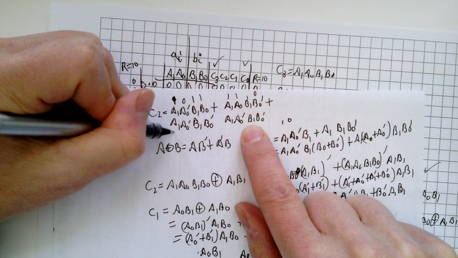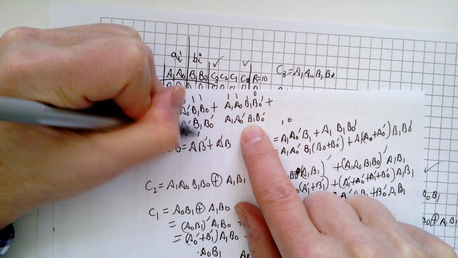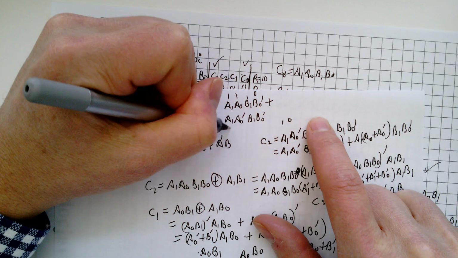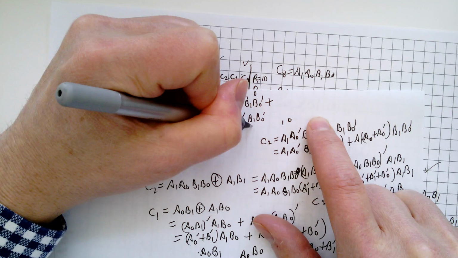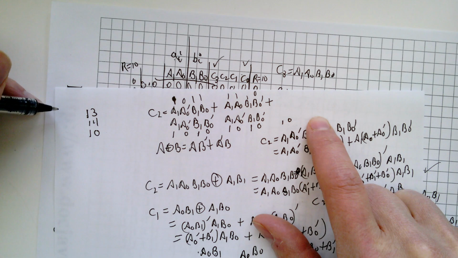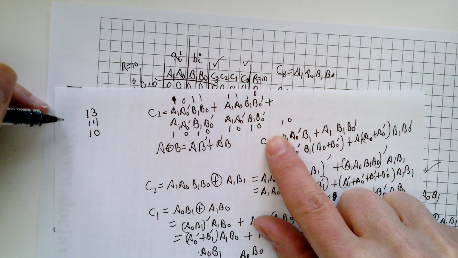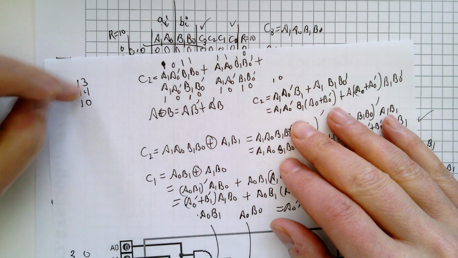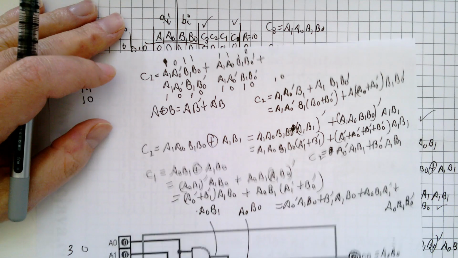I got 1, 0, 1, 0, which is equivalent to 10. I got 1, 0, 1, 0, yeah, which is also 10. So I got 13 and 14. Let's see, 10, 13, 14, looks like, unless I've made a mistake.